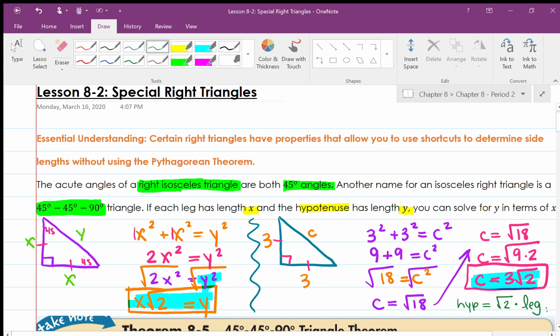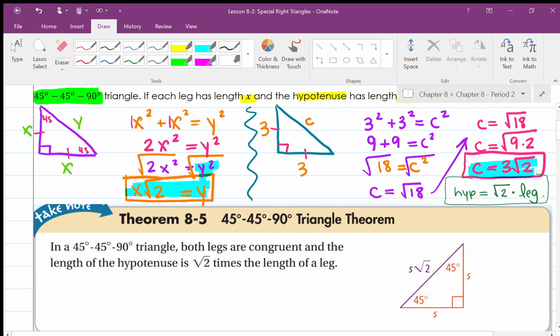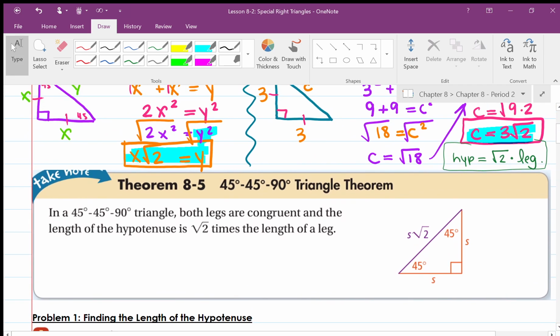We're going to see that in this next lesson, dealing with this special 45-45-90 triangle. Theorem 8-5, which deals with this right isosceles triangle or 45-45-90 triangle, says that both legs are congruent and the length of the hypotenuse is the square root of 2 times the length of a leg.